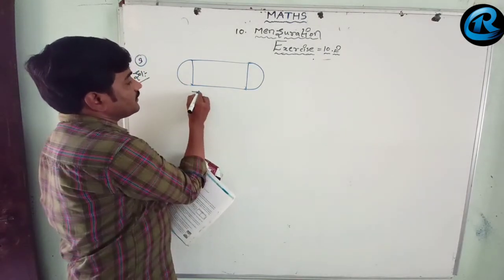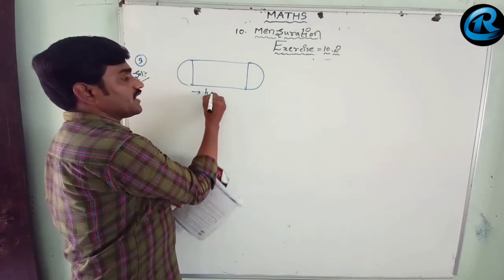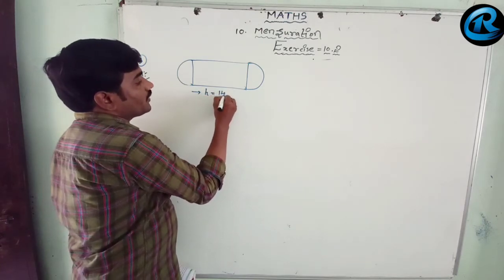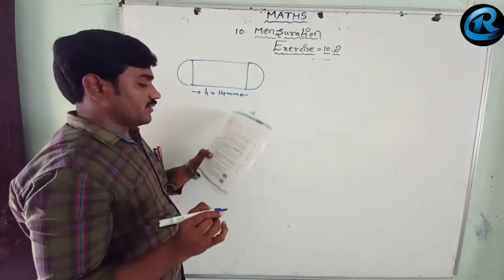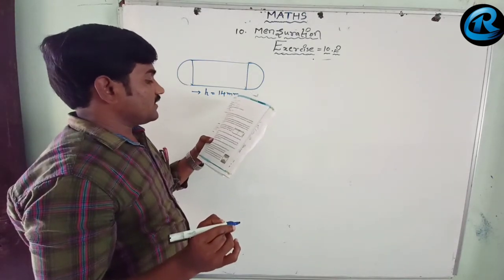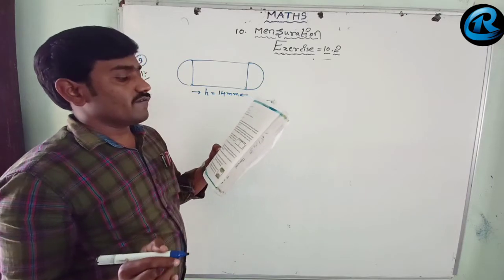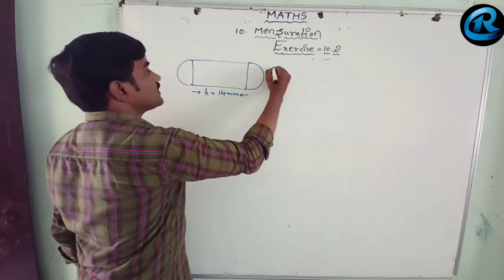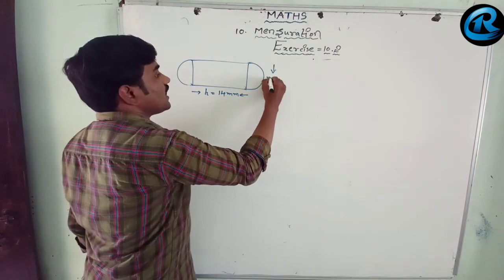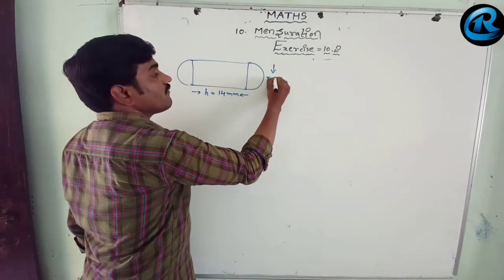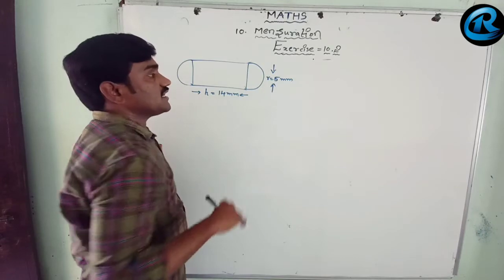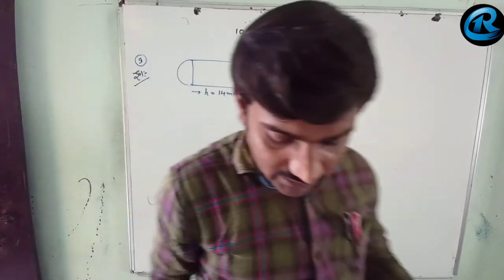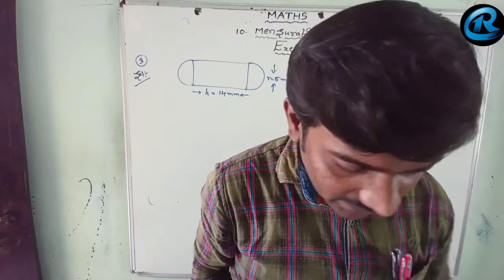The length, nothing but a height, length or height, it is equal to 14 millimeters. Length of the capsule is 14 millimeters and the thickness is 5 millimeters. The thickness you have to consider as a radius here.